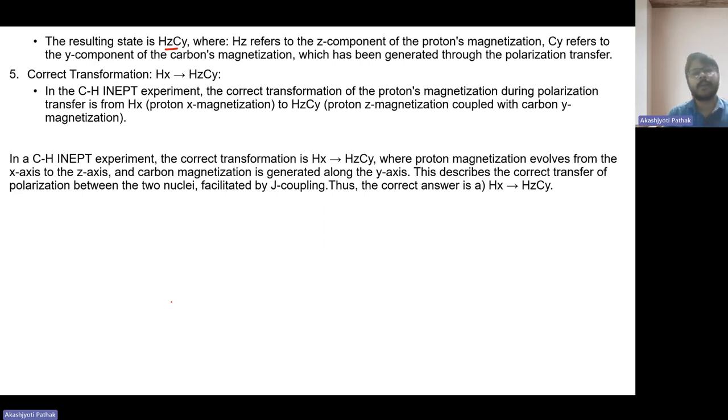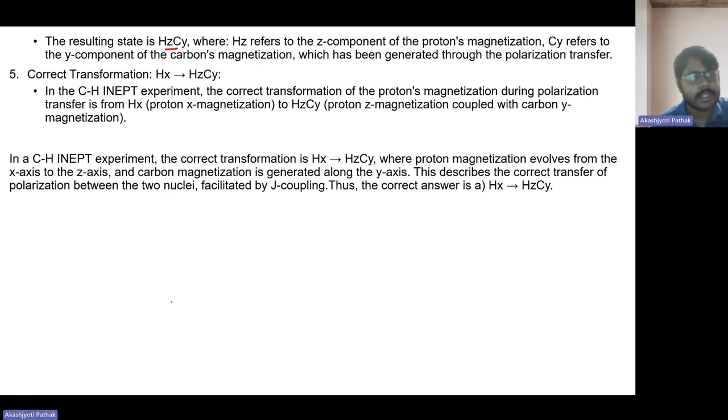CY refers to the Y component of the carbon's magnetization, which has been generated through the polarization transfer. So the correct transformation is HX getting transformed to HZCY.